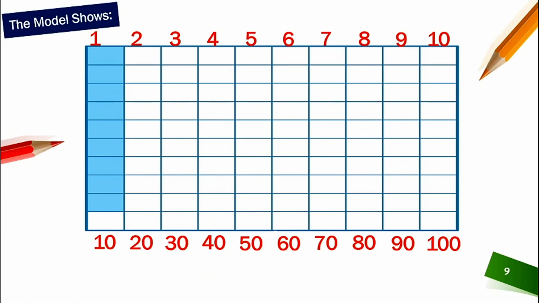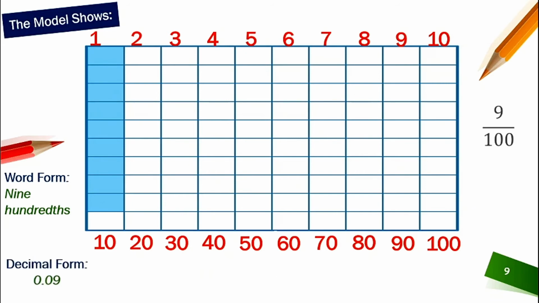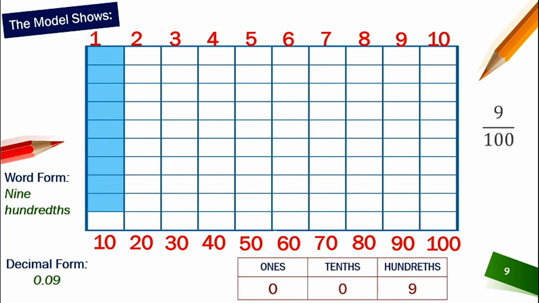In fraction, it's 9 over 100. In word form, it is 9 hundredths. In decimal form, it is 0.09. In our decimal place value chart, our ones is 0, our tenths is 0, and our hundredths place is 9.